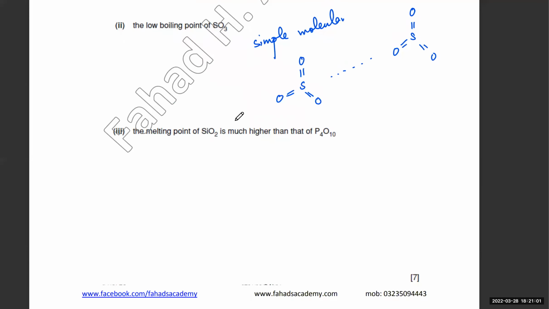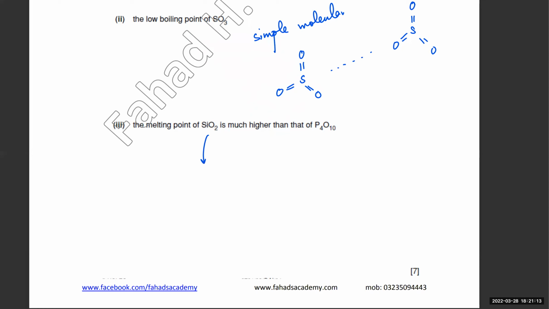And the melting point of SiO2 is much higher than that of P4O10. So what's the reason for that? Because SiO2 is a giant covalent structure, or a macromolecular structure. This is going to be macromolecular, and this over here is going to be simple molecular.